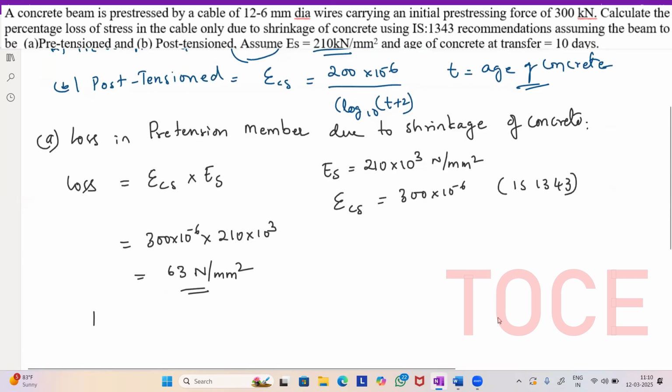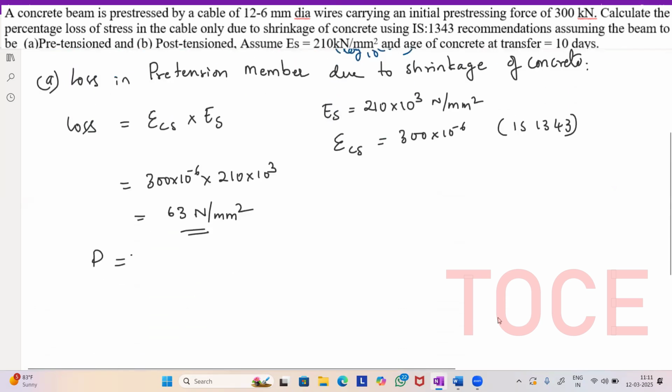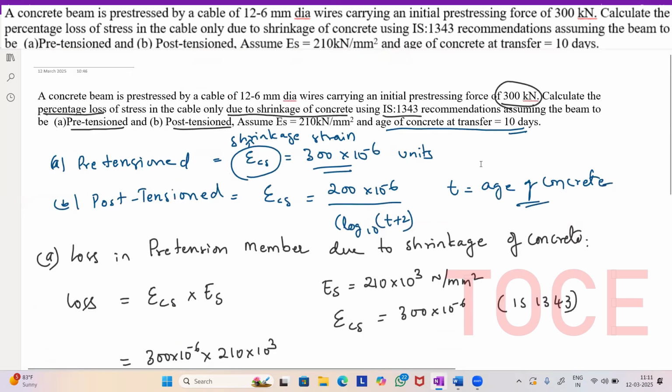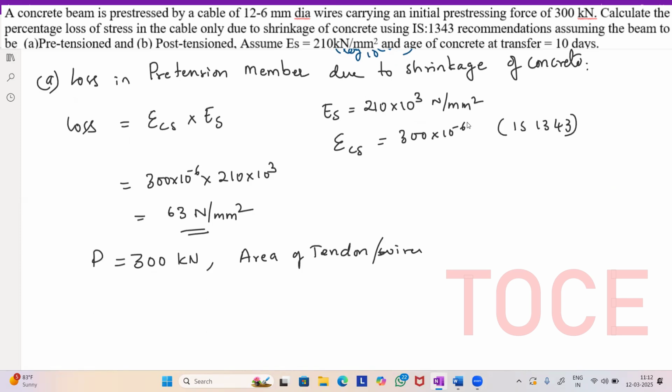He has given the initial pre-stressing force as 300 kilonewtons, and the area of the cable is given. There are 12 wires of 6 mm diameter.